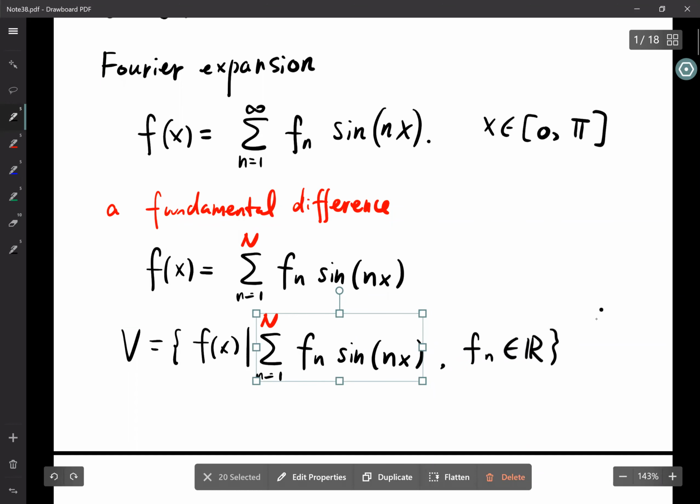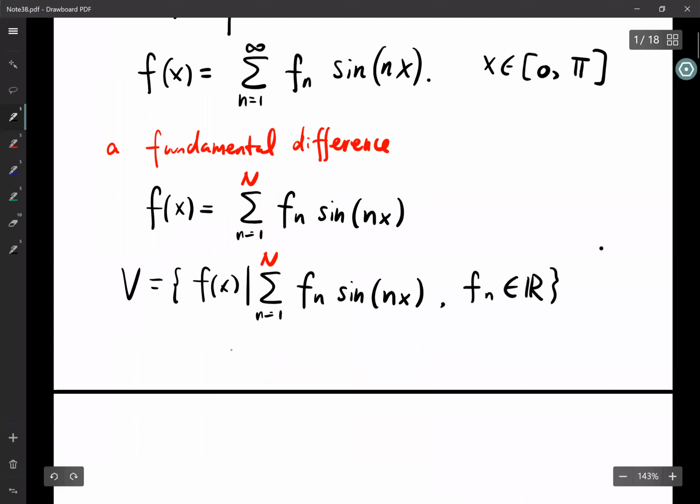Then this kind of function is fundamentally a finite dimensional space. Any function must precisely take this form. It's like up to capital N number of sine functions added together.